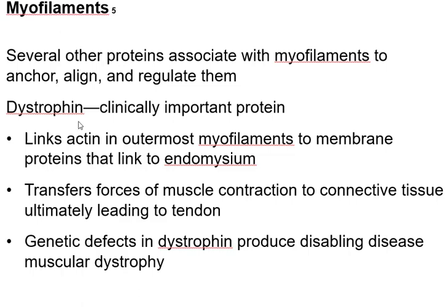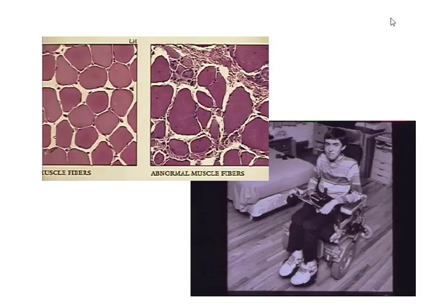And why this is important is if you don't have correct dystrophin, you can't cause the muscles to work correctly. So we have a condition we call muscular dystrophy. People with muscular dystrophy end up in wheelchairs because their muscles don't work the way that they want them to.